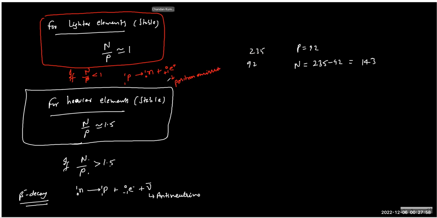Now these reactions do not occur independently. These are the reactions which happen inside the nucleus, because if you look carefully, this reaction is against the conservation of energy, isn't it? Do you realize this? What is happening here?